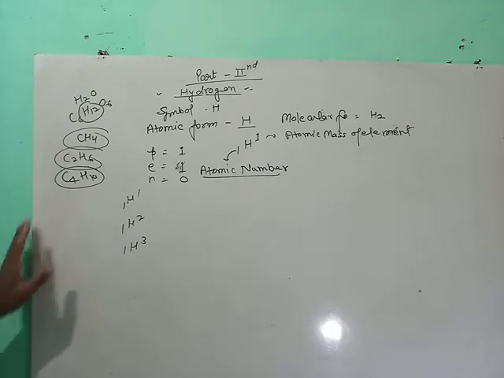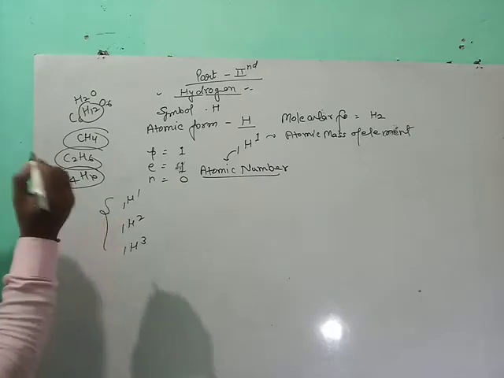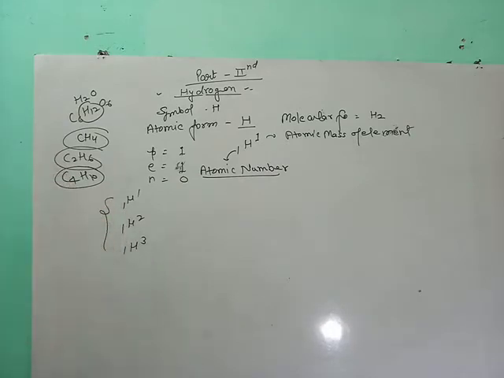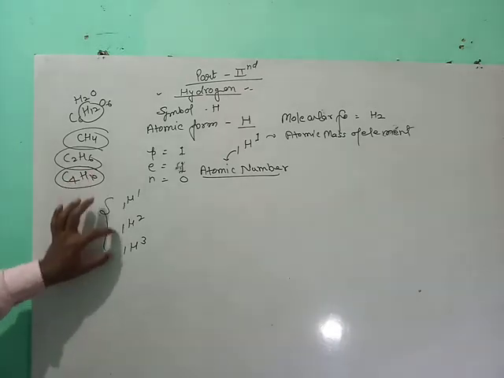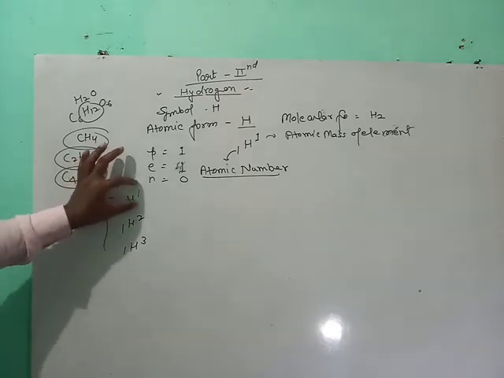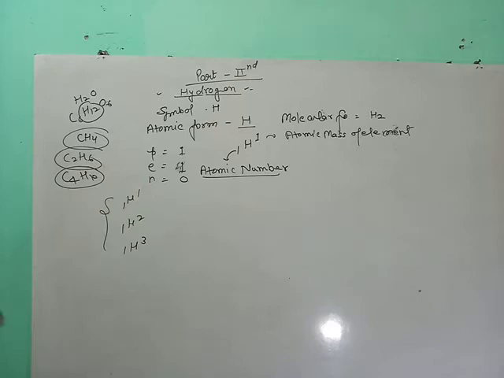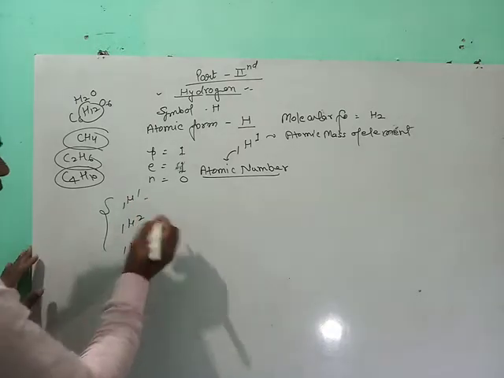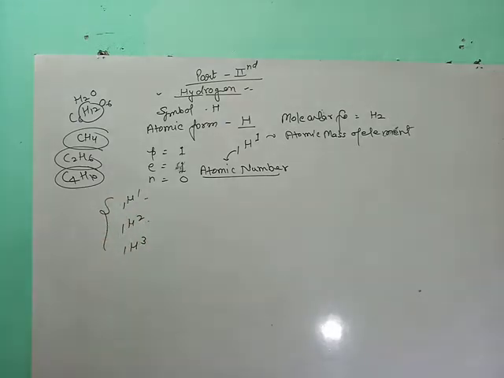So we see that these examples have similar atomic number but different atomic mass. So these examples are called isotopes: 1H1, 1H2 and 1H3.